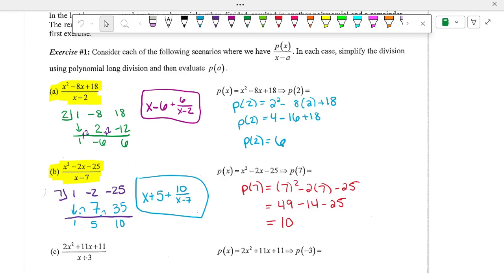That's what's important, okay? That helps us determine whether a binomial is a factor of the bigger polynomial. If we put it into the remainder theorem and we get a remainder of 0, it's a factor. If not, it's just a binomial that we divided into it.